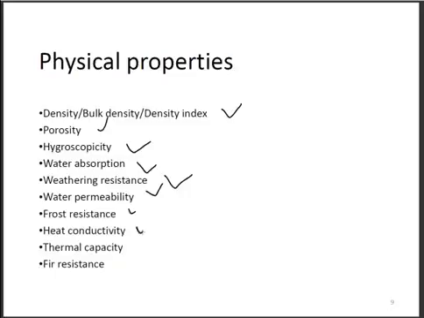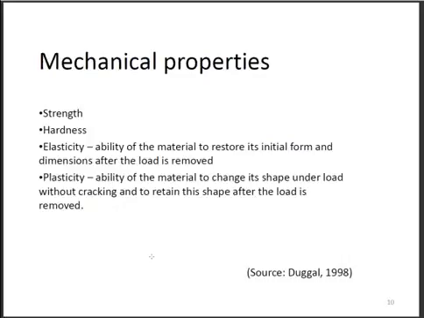And there are heat conductivity, thermal capacity, and fire resistance, and you can find the definitions of these in the textbook. Of course, there are some mechanical properties such as strength, hardness, and elasticity. Elasticity is the ability of the material to restore its initial form and dimensions after the load is removed.